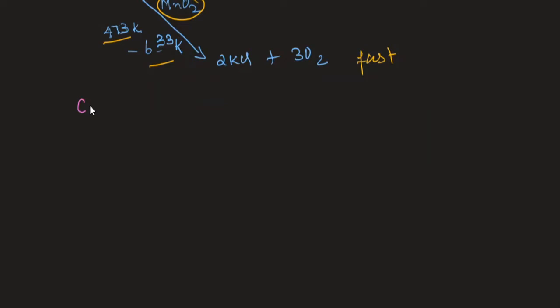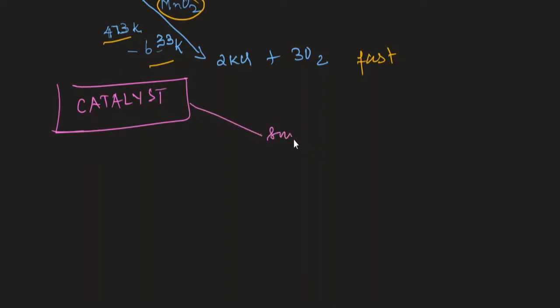So based on this, we can define catalysts. A catalyst is a substance which is added in small quantity. That is very important.